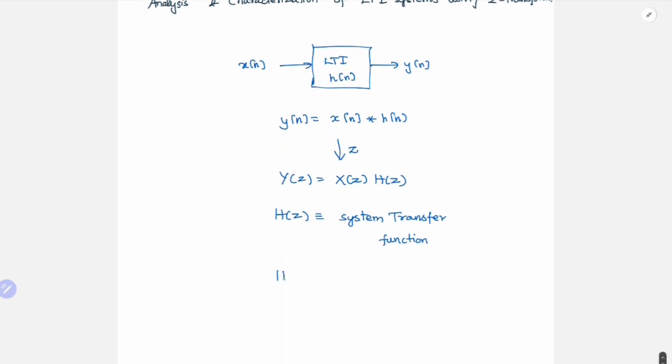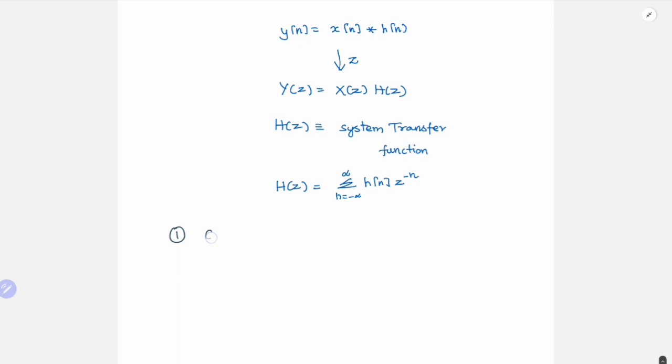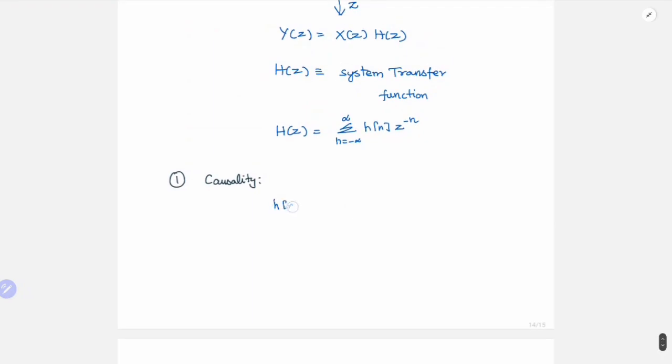And we again know the relationship for H of z. This is summation n equal to minus infinity to infinity h of n z power minus n. So now let us look at two important properties of our LTI system. The first one is causality. What it says is your h of n should be equal to 0 for n less than 0, which means that your H of z is going to be summation n equal to 0 to infinity h of n z power minus n.